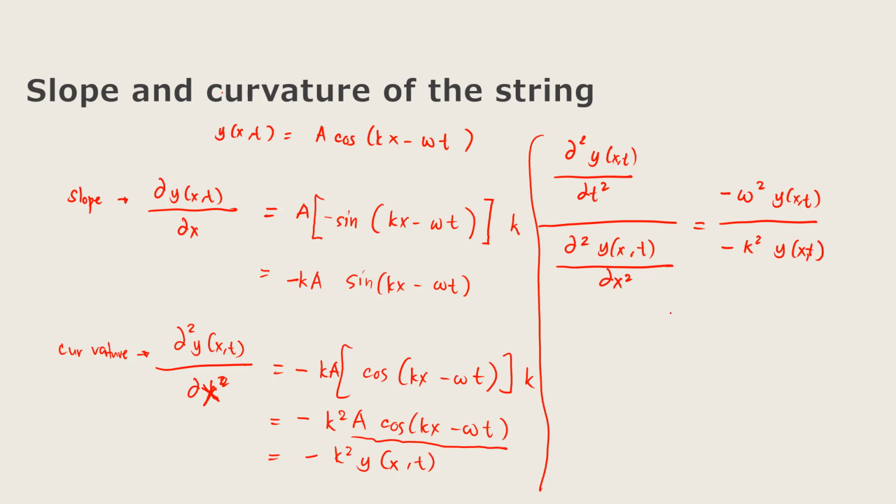So this is just equal to omega squared over k squared, which is just equal to v squared, since v is equal to omega over k.